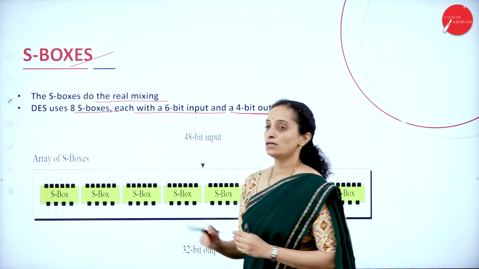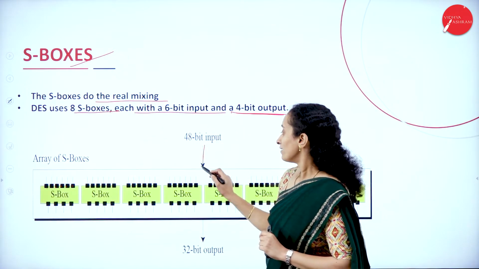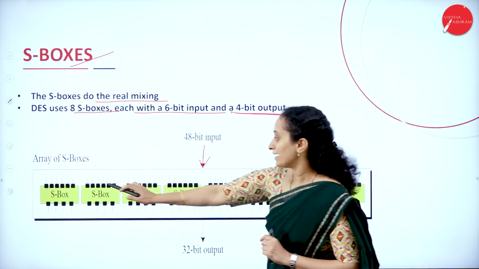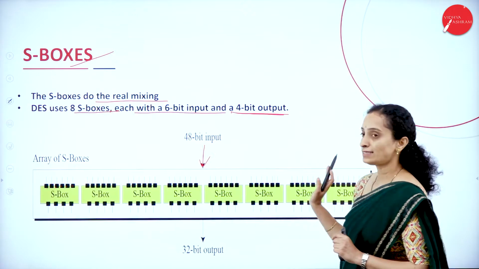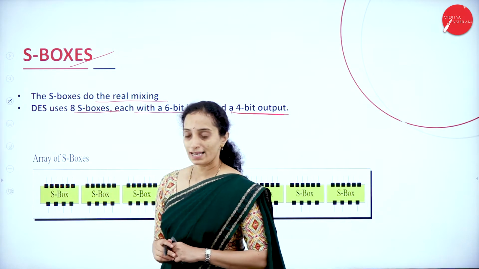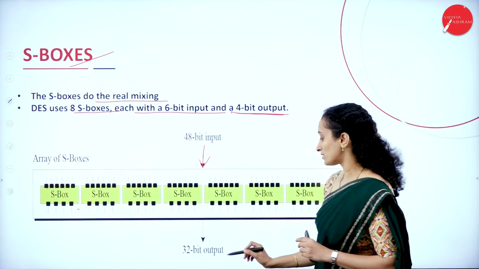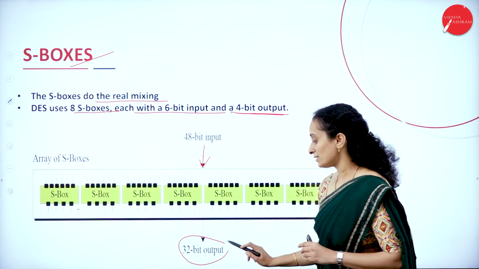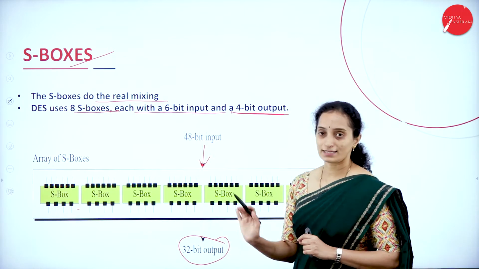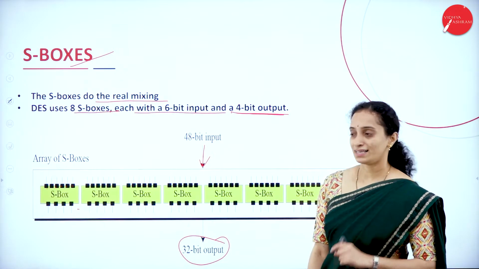Now, we will use the substitution boxes for this, which get the input of 48 bits and convert it to 8 substitution boxes with 6 inputs and 4 output ports. Okay, this produces 8 4s are 32, that is 32-bit output will be produced here.